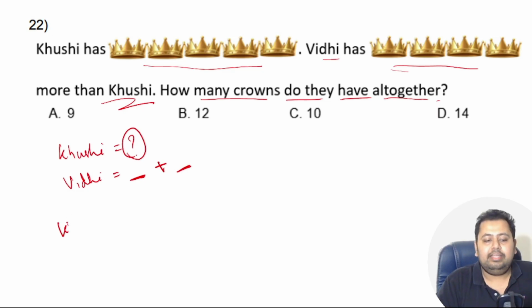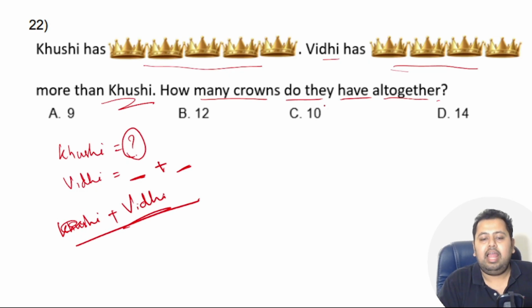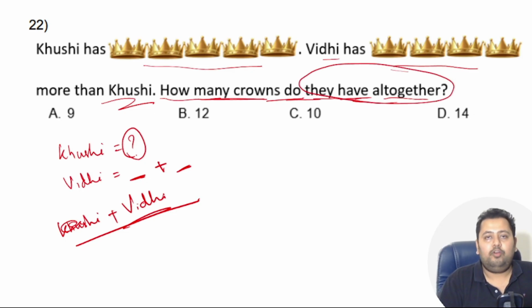Finally, you add the crowns Khushi has and the crowns Vidhi has, because the answer they're looking for is how many crowns they have all together. Pause the video, solve it by yourself, and then we move to the solution.